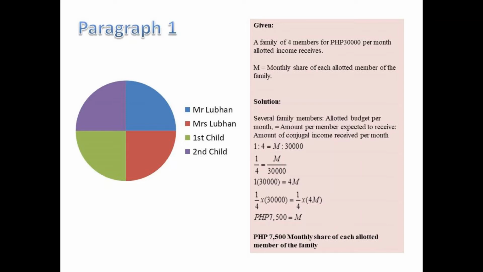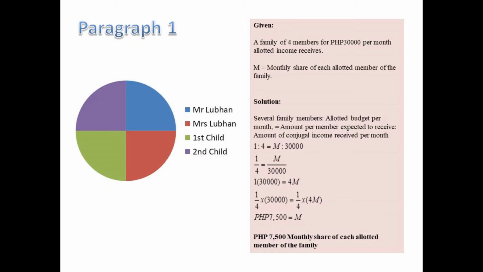1:4 is equal to M:30,000. So 1/4 is equal to M/30,000. You cross multiply, so we have 30,000 multiplied by 1 and 4 multiplied by M. In order to remove the coefficient of the variable in algebra, we get the reciprocal of the coefficient, and the coefficient here is 4.